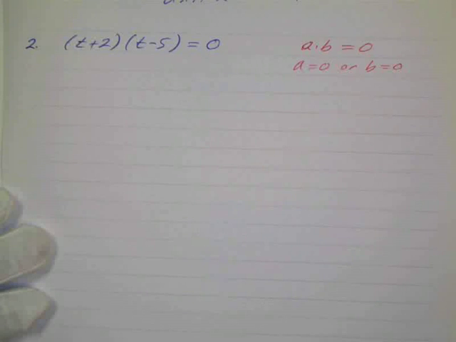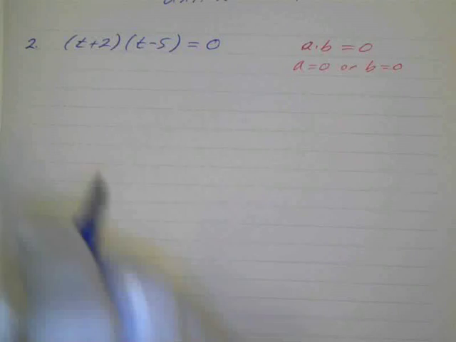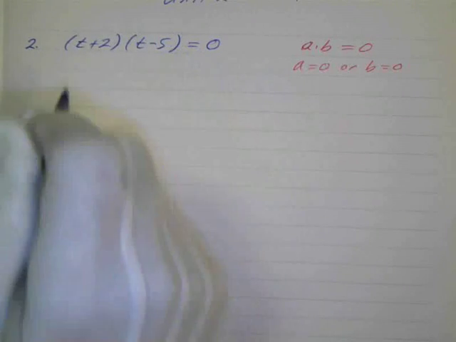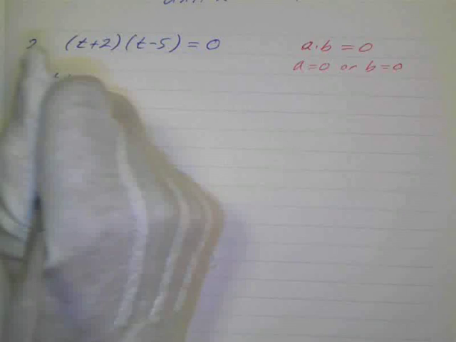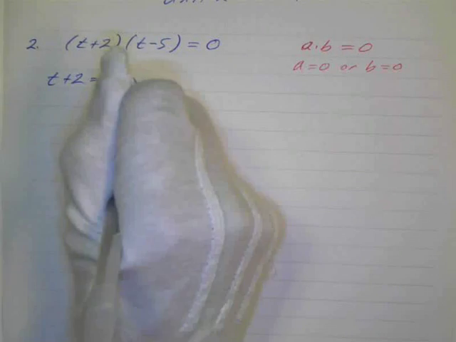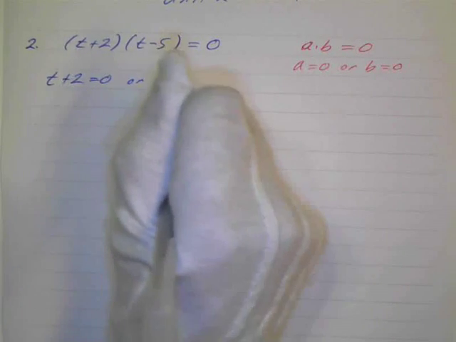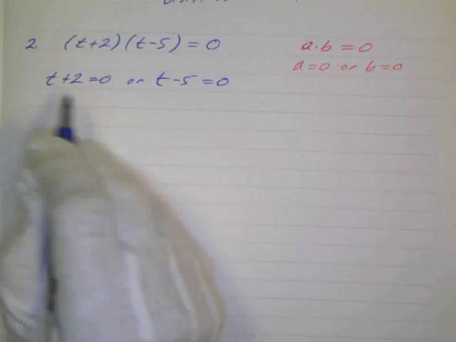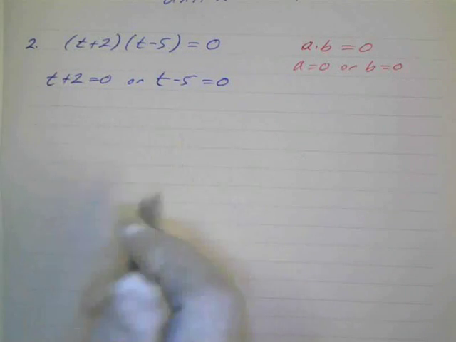They have to be equal to 0. So in this case, we've got t minus 2 and t plus 2 and t minus 5. So t plus 2 times t minus 5 is 0. So we know the only way this product can be equal to 0 is if either t plus 2 equals 0 or t minus 5 equals 0. So you have two simple equations, and we could subtract 2 from both sides.